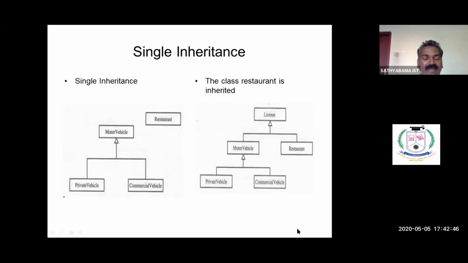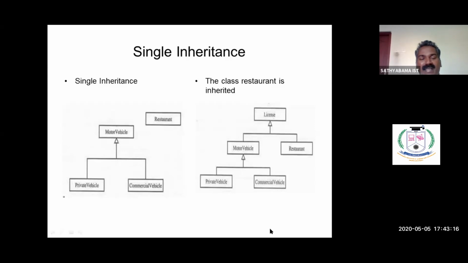In this scenario, we have classes like motor vehicle, and the derived classes are private vehicle and commercial vehicle. Motor vehicle is the generalized class, and these two are specialized classes. But if we want to add a restaurant as one of the classes, how can we add it? We can use single inheritance.